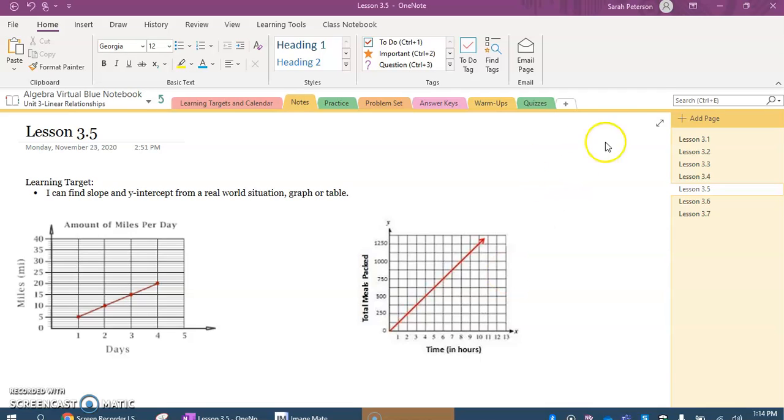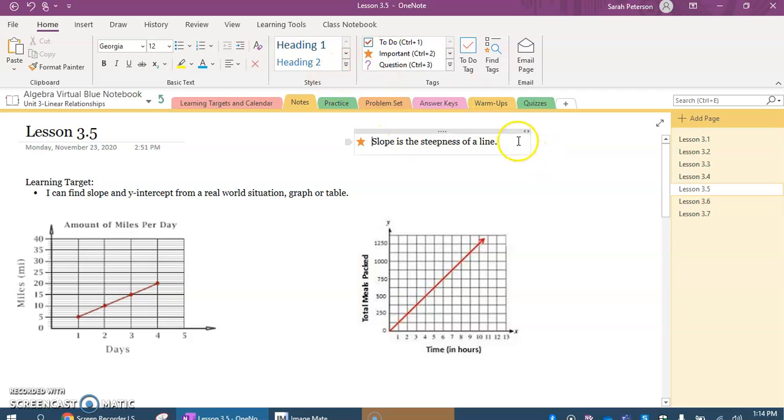From the last video, you should be semi-familiar with slope, but slope is the steepness of a line. We have all different types of lines, and slope really tells us how steep a line is or how fast it changes, which is useful in many scenarios. We kind of learned how to do that last time.